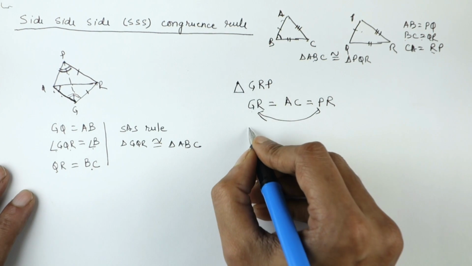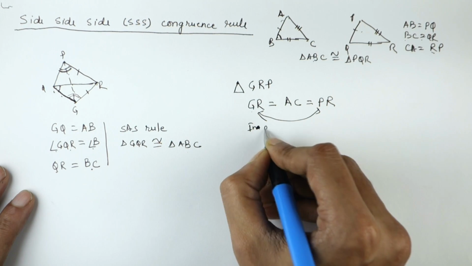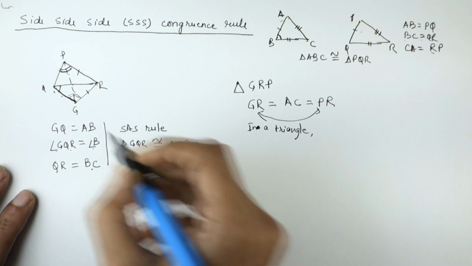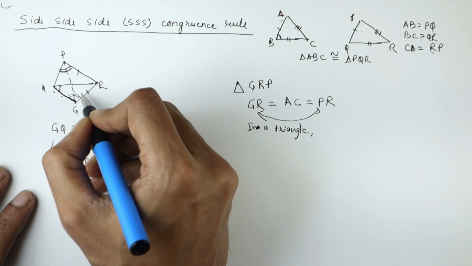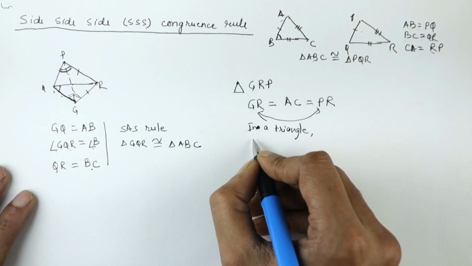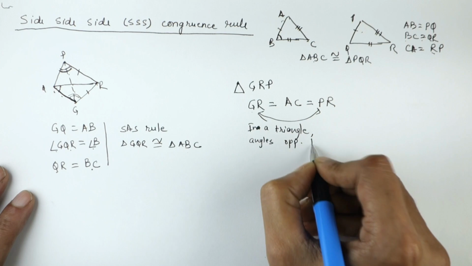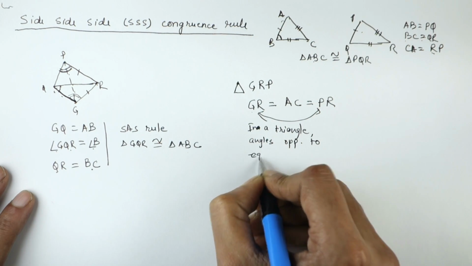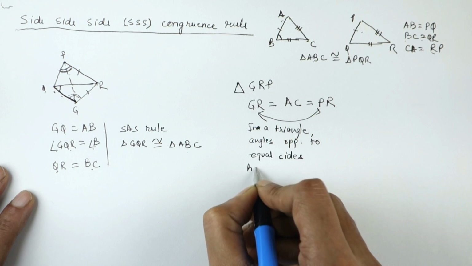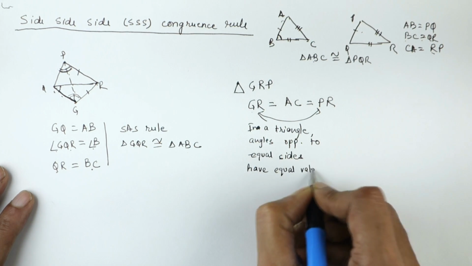We know that in a triangle, the angles opposite to sides of equal length have equal value. So angles opposite to equal sides have equal value.